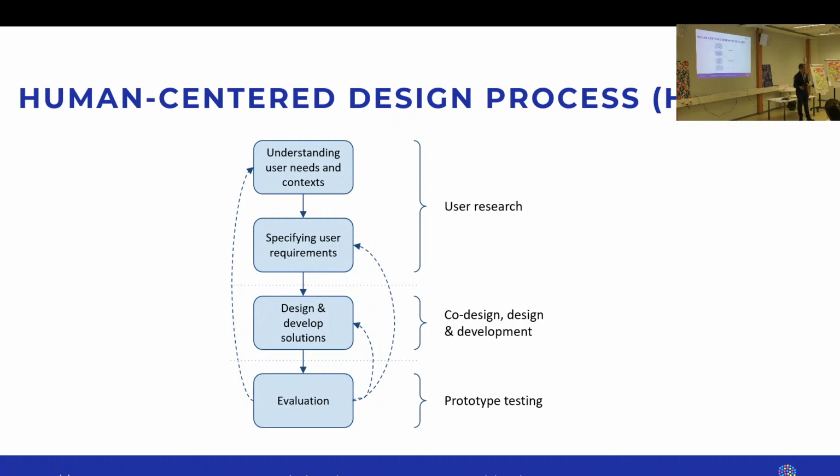So we go to the young people and ask, okay, here's our proposal, what do you think about it? What works, what doesn't? And the whole process is iterative, so we always go to the previous phase with what we have learned, and we make a new design, and then we go back again and so on. So this is the human-centered design process in a nutshell.